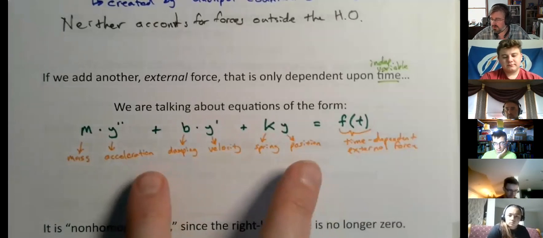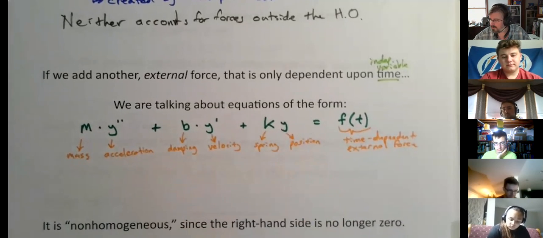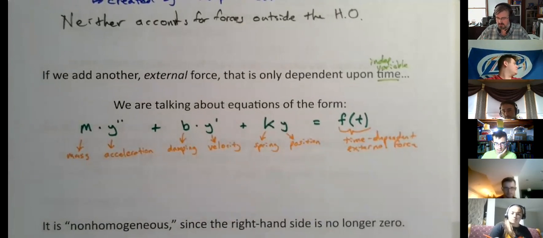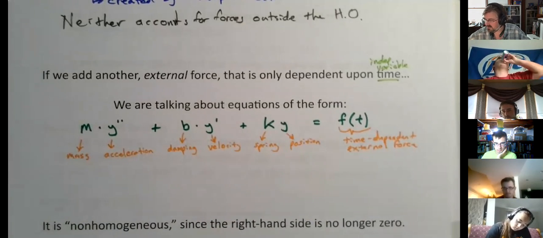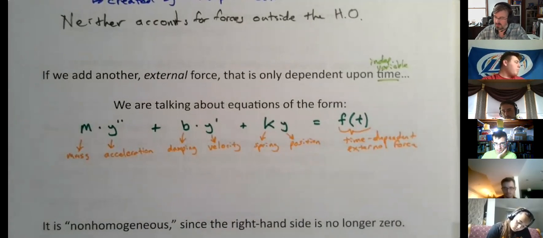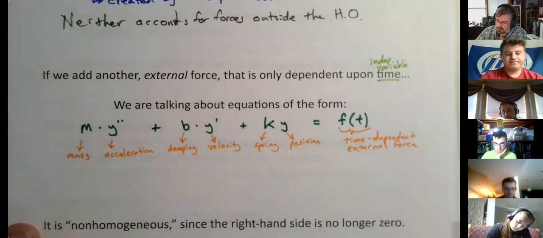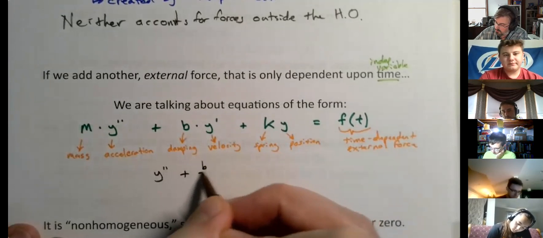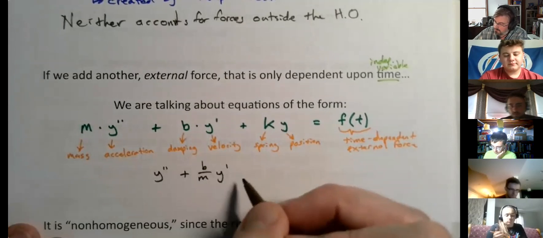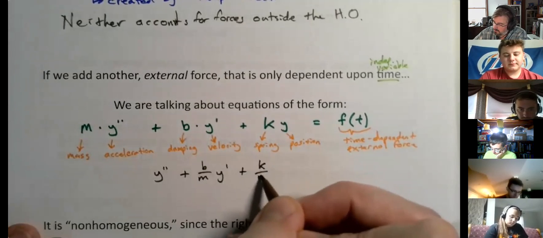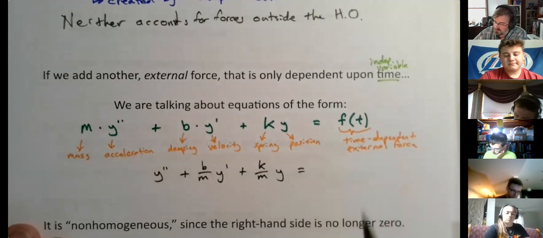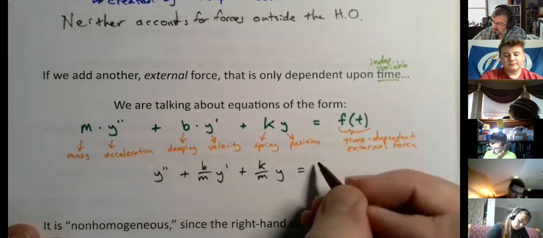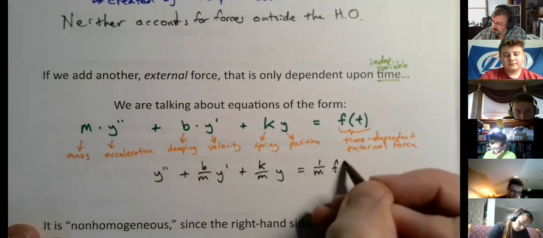So just like we did before, we're going to manipulate this, adjust it and move it around to make it a little easier to read and make sense of. We can rewrite this by dividing out some stuff: y double prime plus b over m times y prime plus k over m times y is equal to 1 over m times this function f of t.